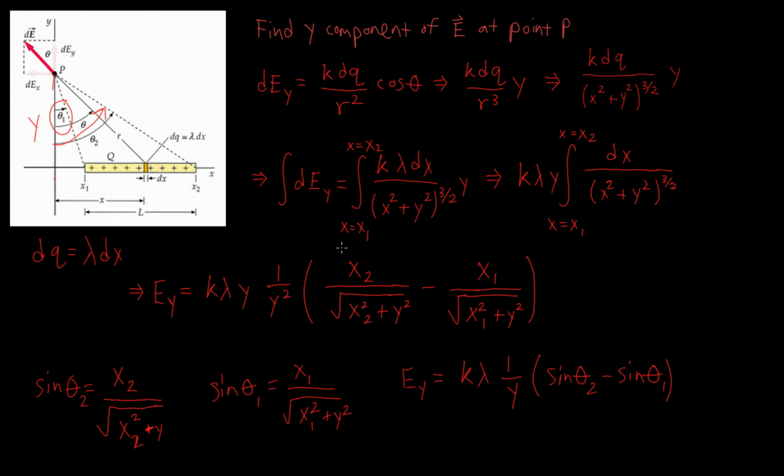And also recall that the linear charge density is just equal to the amount of charge for a given length. So we can substitute in Q, the total charge, divided by the length into the linear charge density right here to get a more simplified expression.